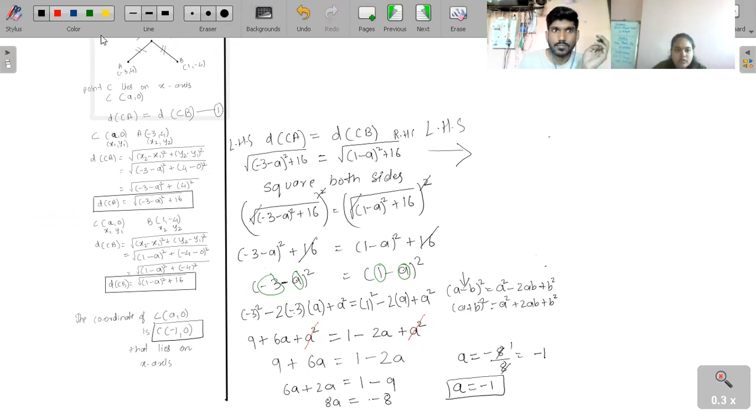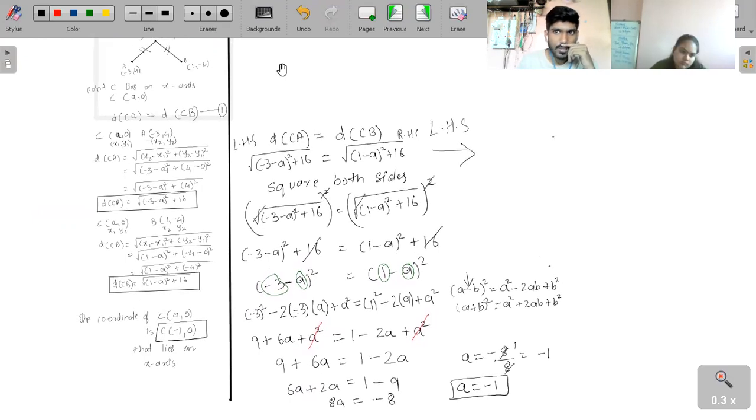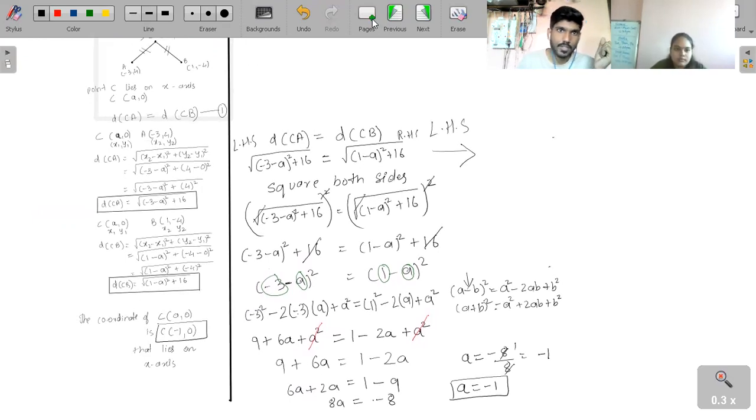I'll draw the figure also, right? The A, B, C. Yeah. If you want me to zoom, just let me know, okay? No, no, it's okay.